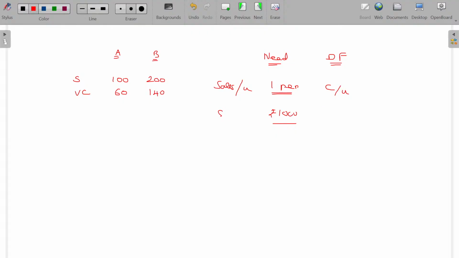If your customer demands the sales in terms of rupees, your deciding factor is nothing but PVR. So here contribution per unit is 40 rupees for A, 60 rupees for B. As sales in units is the deciding factor, this is called limiting factor. The need of the buyer is called limiting factor.